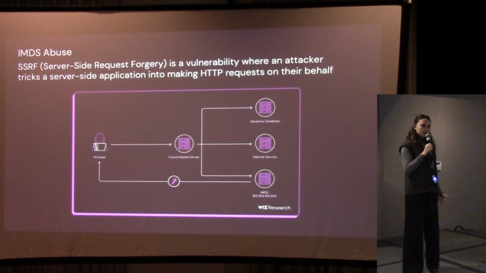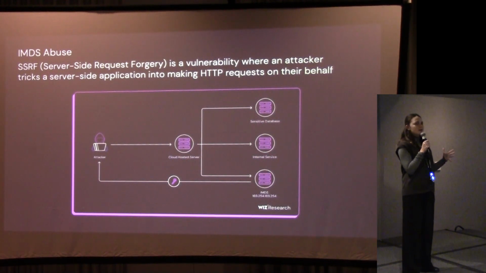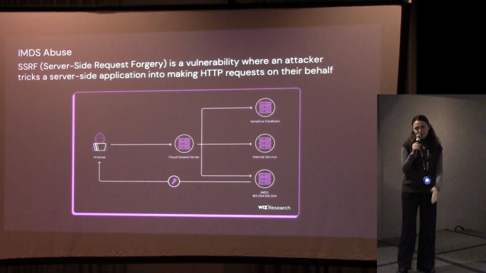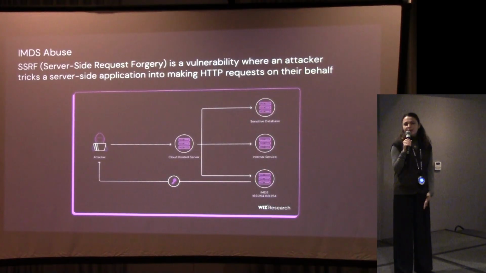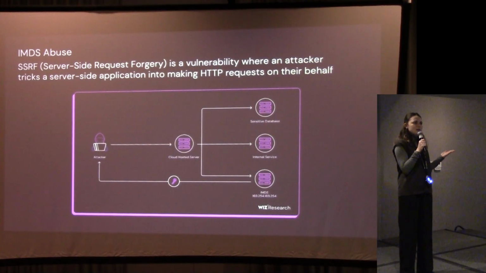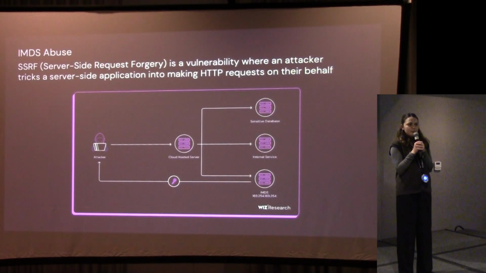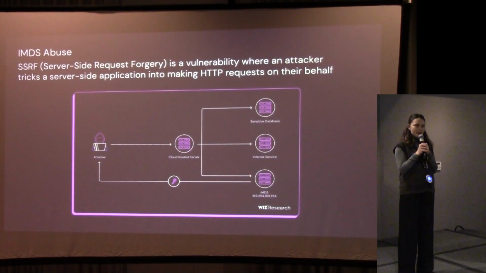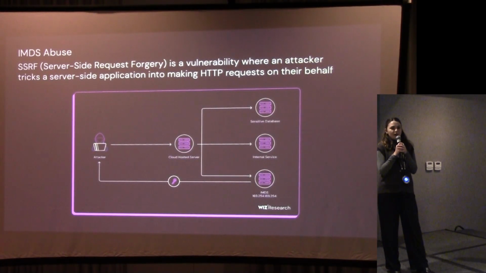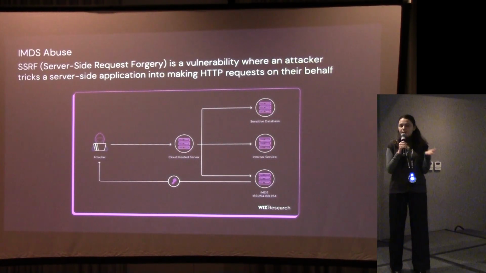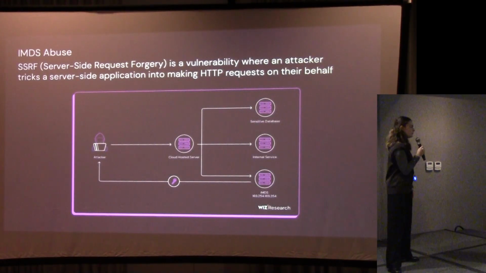So in a traditional on-prem world that might get you access to an internal service or a dashboard that shouldn't be exposed, but in the cloud, the impact is much greater because every instance has a metadata endpoint sitting at a fixed internal IP address, and a simple SSRF suddenly becomes a direct path to cloud credentials, and from there to privilege escalation.